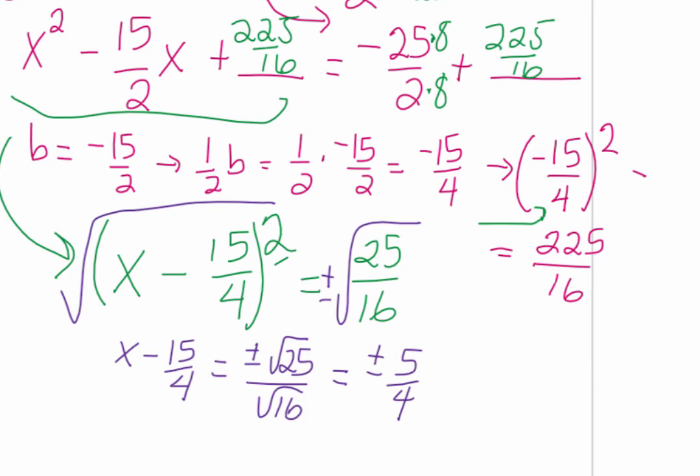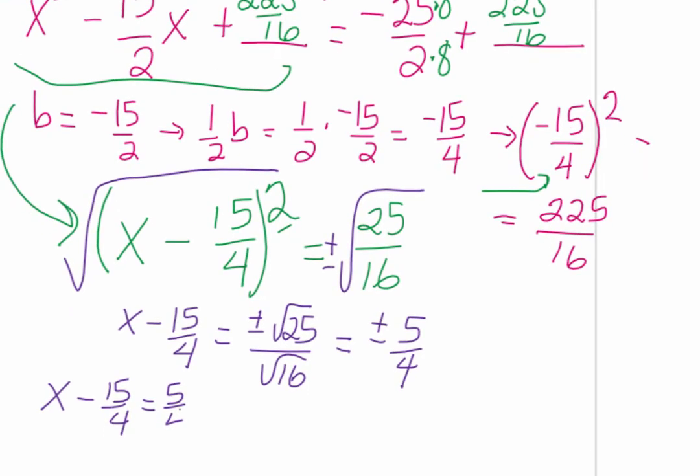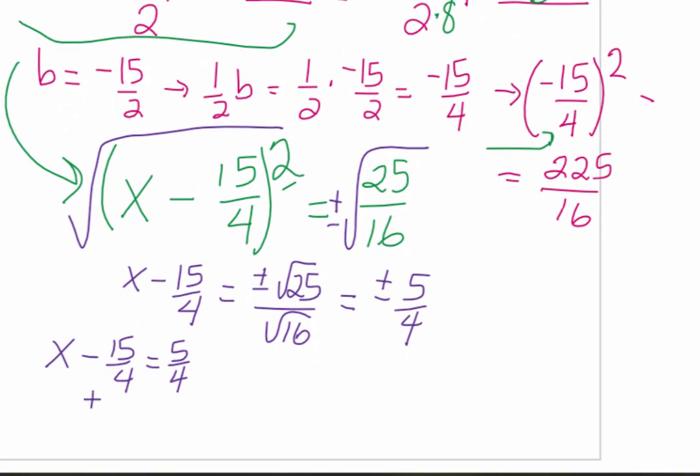So my two answers: x minus 15 fourths equals positive 5 fourths. So I'm going to add 15 fourths to the 5 fourths. And that's going to give me 20 over 4, which is 5. Not too bad. So x equals 5 here.